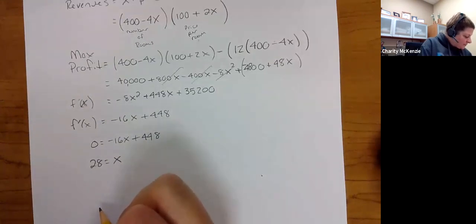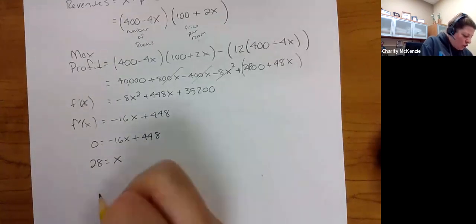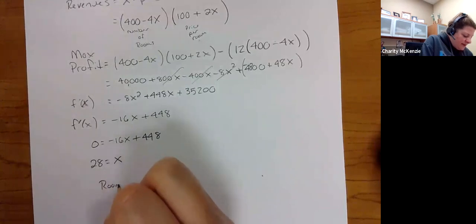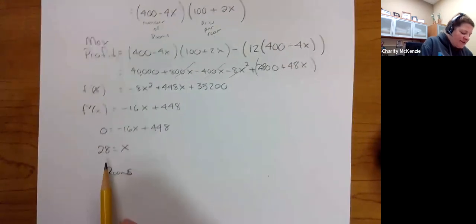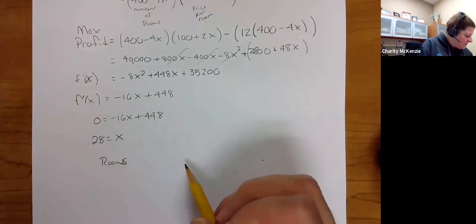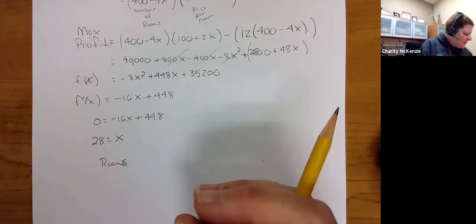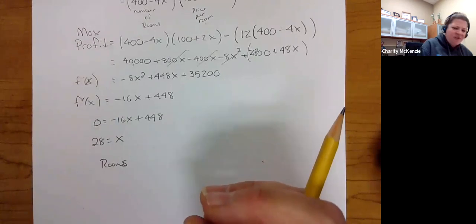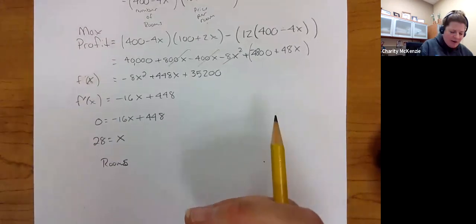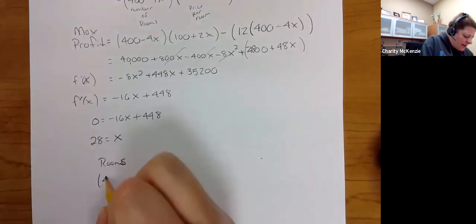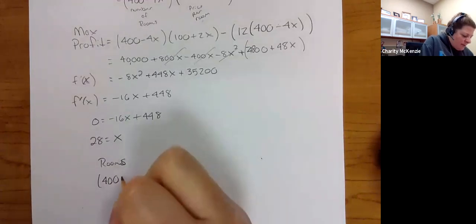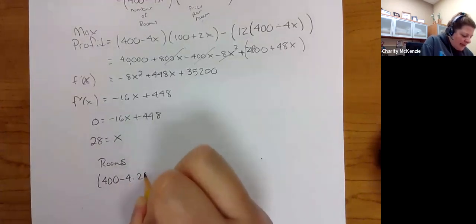Okay. So if we want to figure out our total rooms, this was our number of rooms, so we go back to the original: 400 minus 4 times the 28.